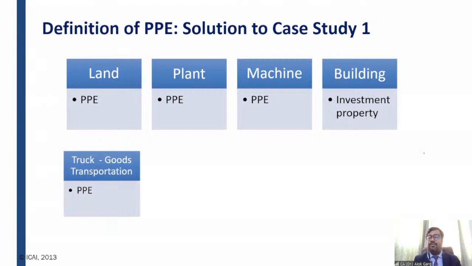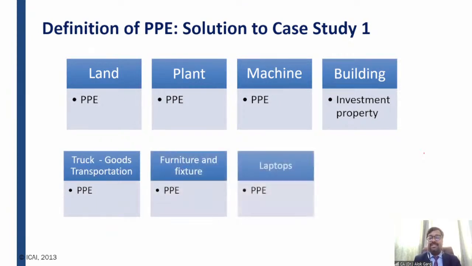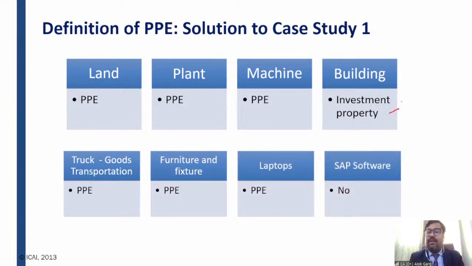Truck for transportation of goods is PPE. Furniture and fixture is PPE. Laptops are PPE. SAP software is not PPE, it is an intangible asset. So building will be covered under Ind AS 40. SAP software will be covered under Ind AS 38, right? I hope it is clear to everyone.